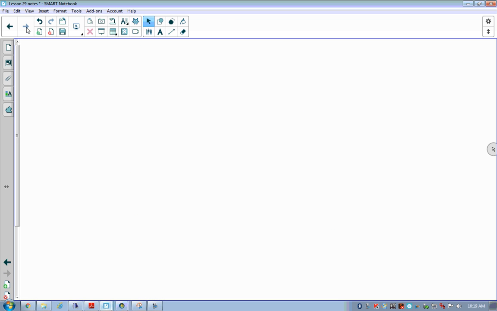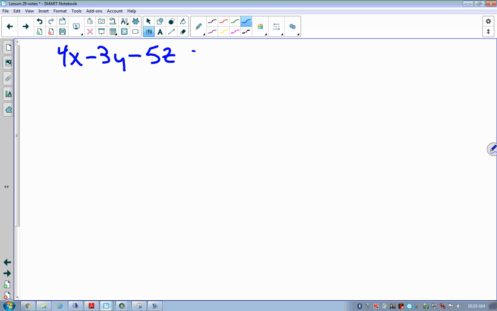Okay. Now, I want you guys to give me those three equations, because I don't have this sheet of paper in front of me. Eric, will you help me out here? What's the first equation? 4x minus 3y minus 5z equals 36. Okay, and give me the second equation. Negative 2x plus 3y minus 5z equals 30.